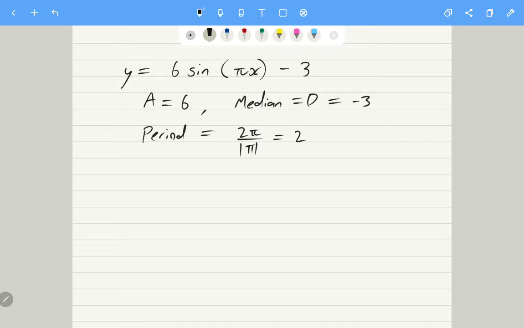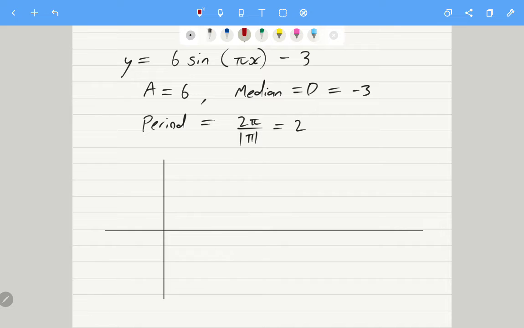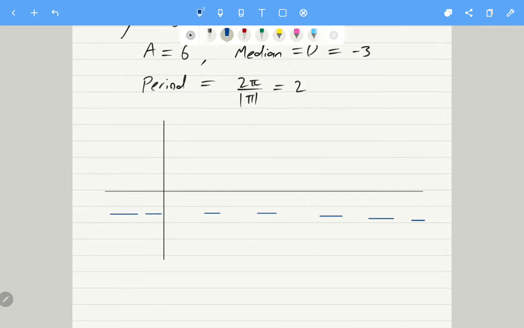So now I can go and sketch it. You can see there's no phase shift, so it's not a terribly tricky one. So first of all, draw in our median line. Our median line is going to be -3. I might just move my x-axis up a little bit.